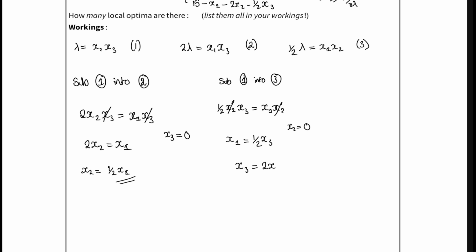And finally, if we sub equation 2 into equation 3, we get 4x1 multiplied by x2 is equal to x1 x3. We can divide by x1, getting rid of the solution x1 is equal to 0, and that leaves behind 4x2 is equal to x3.